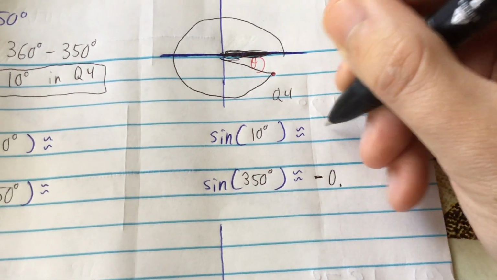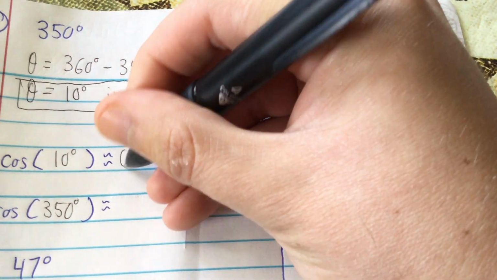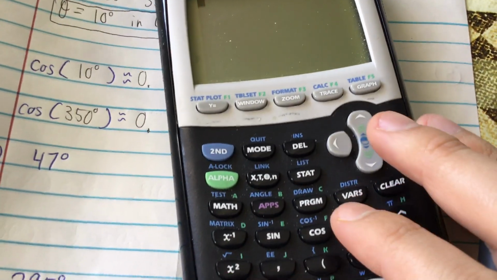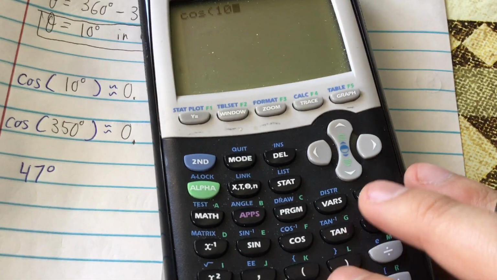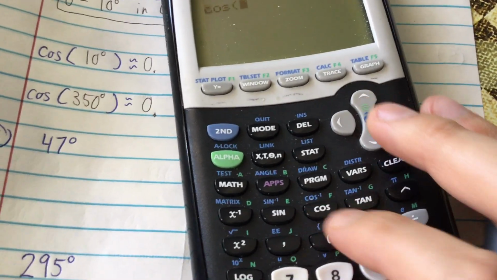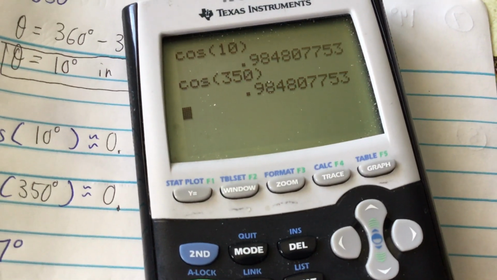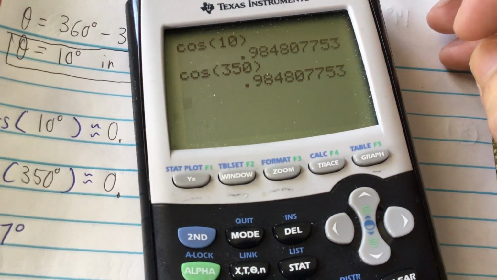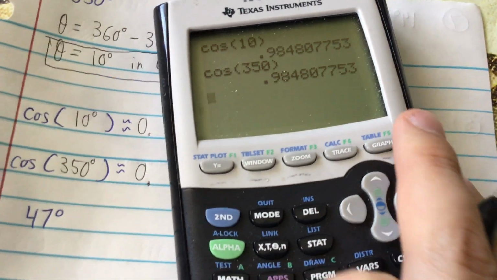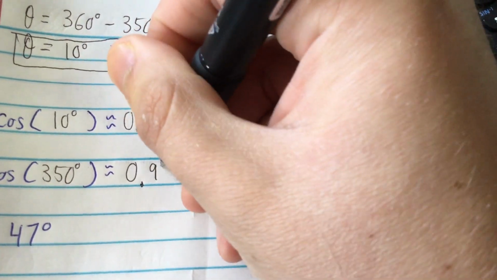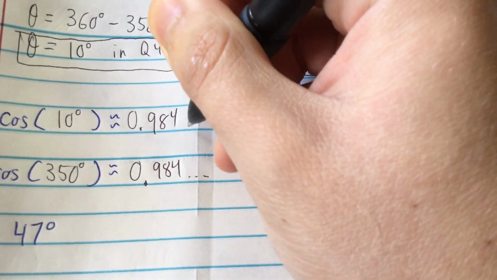So my theory is it's going to be a positive cosine and a negative sine. So let's get these out of the way. Okay. So let's compare the cosines first. The cosine of 10 degrees and the cosine of 350 degrees, I bet you they're going to be exactly the same. Positive 0.984, positive 0.984. You've made me happy. So that checks out.